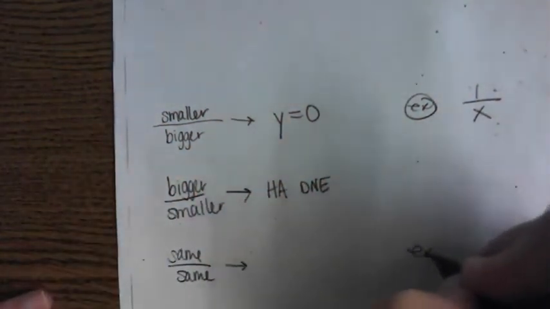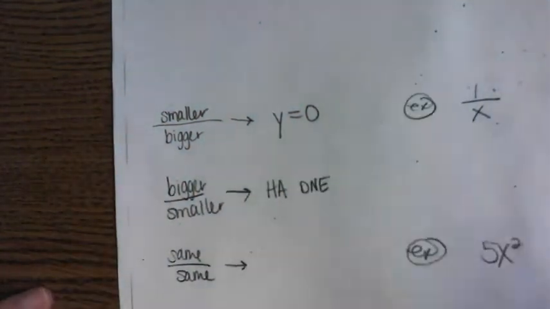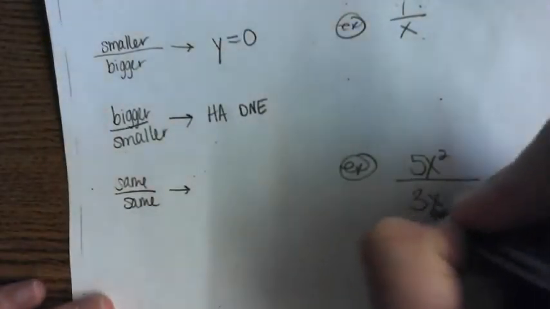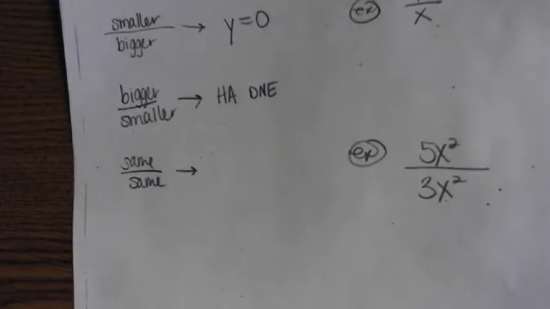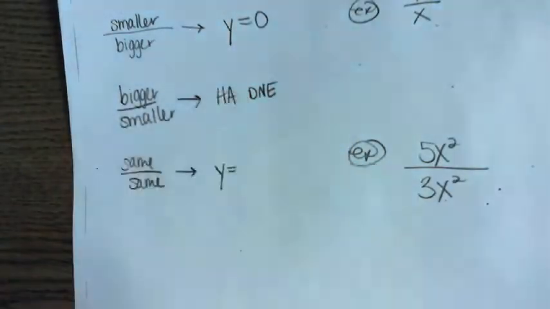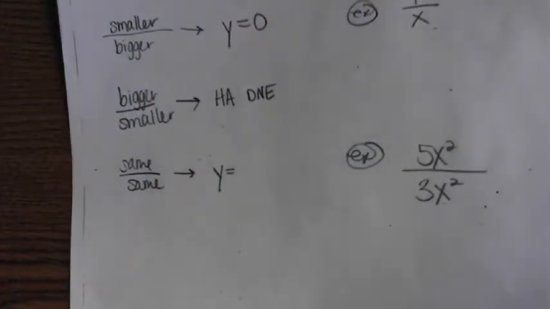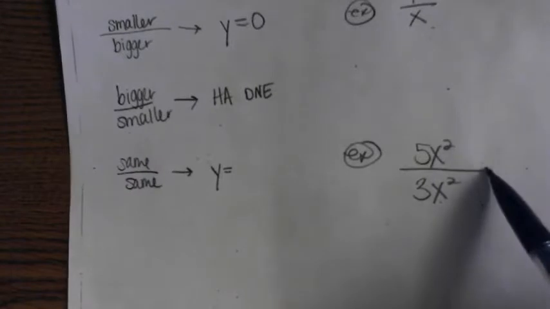So for example, if something had a degree of 2 in the numerator, and it also had a degree of 2 in the denominator, your horizontal is y equals, in this case, 5/3. This one has a horizontal asymptote of 5/3.